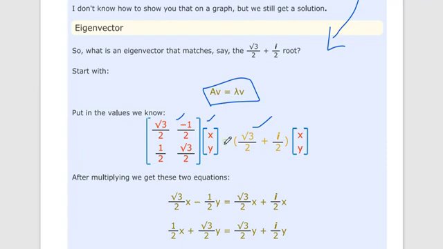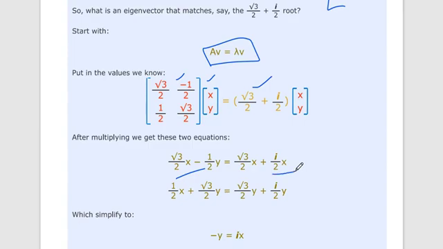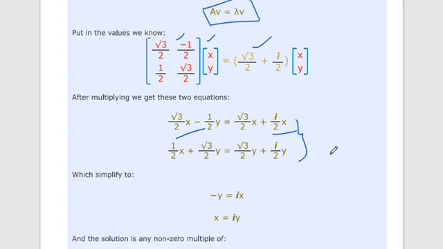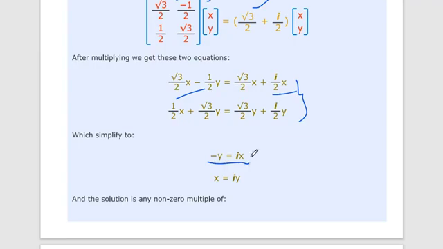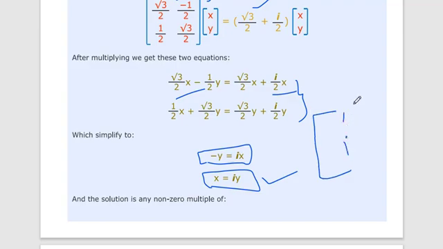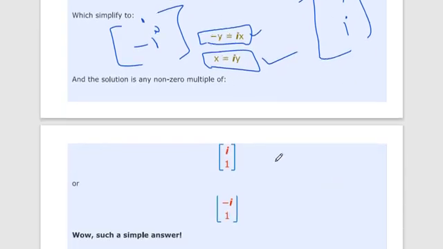Now multiplying these two matrices and solving, we have minus y equals ix, which means x equals iy. So we have an infinite number of solutions with x equals iy, like 1 and i. With minus y and ix, we can also take minus i and 1, and 2i as well.